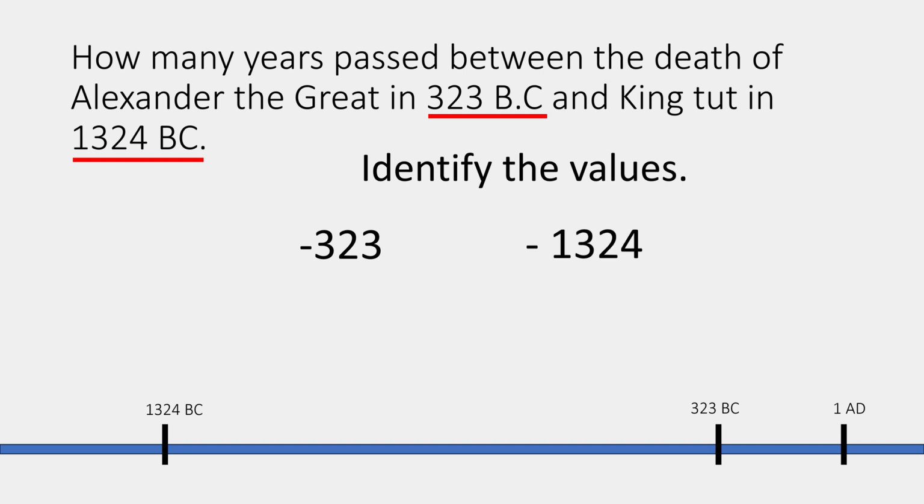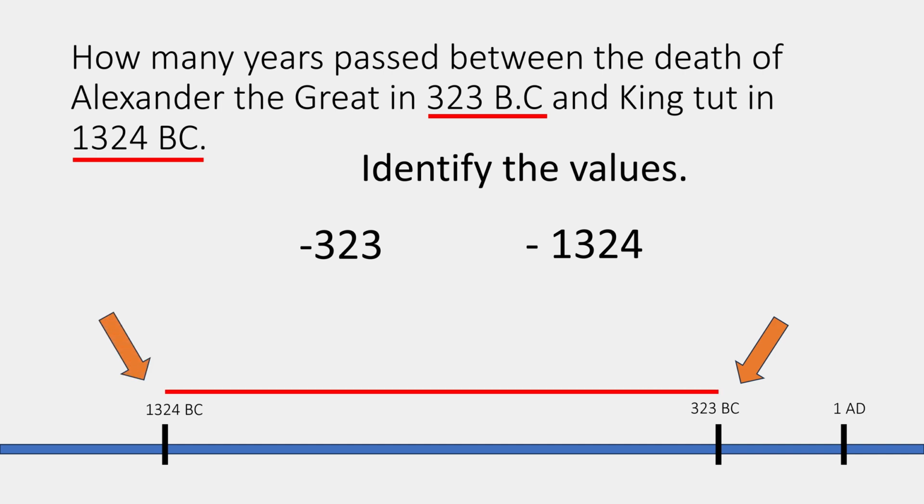And 1324 BC, also a negative. But for the visual learners, let's use our number graph, our date line, and let's write 323 BC. That's somewhere up here. And King Tut died about 1,000 years earlier in 1324 BC. How many years passed by?